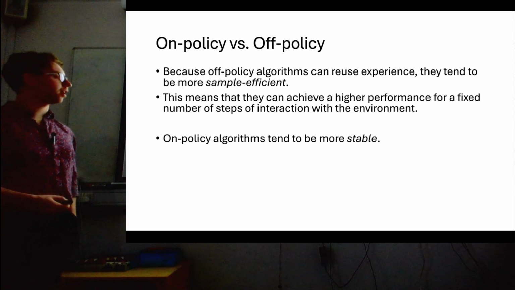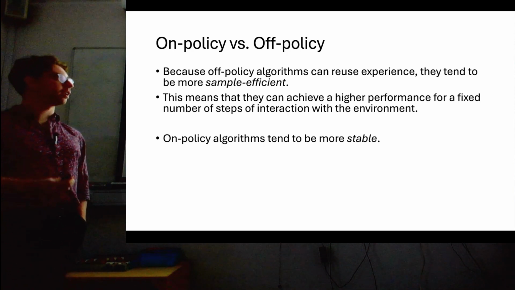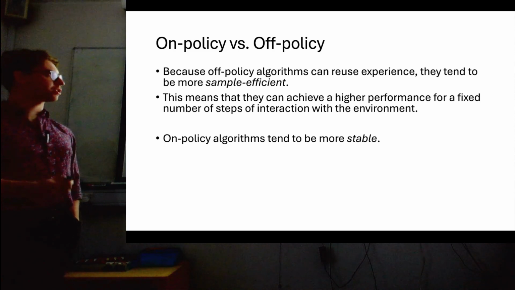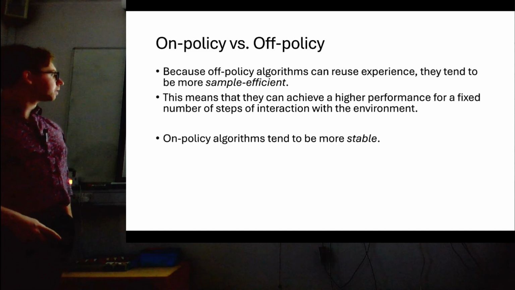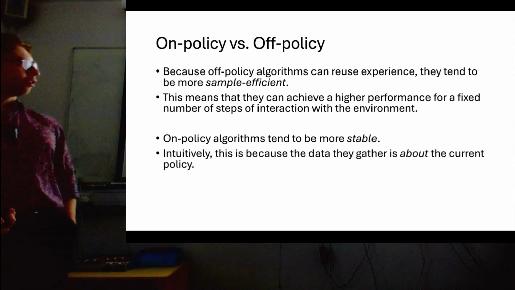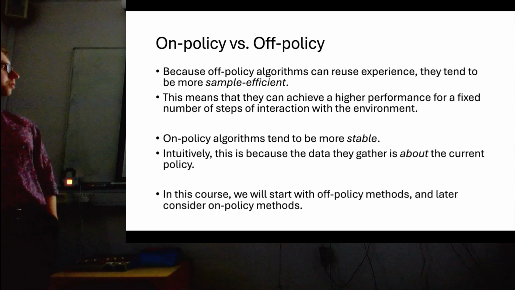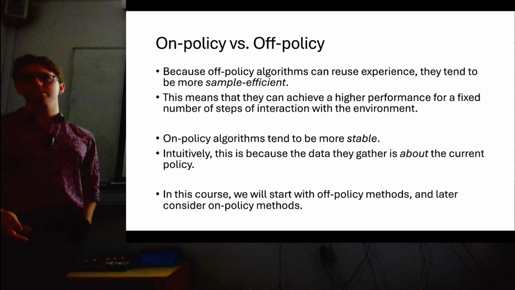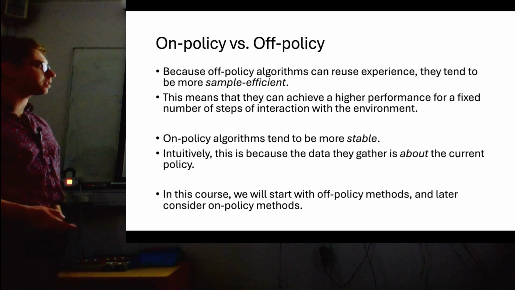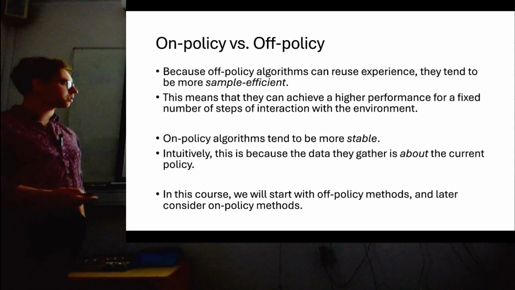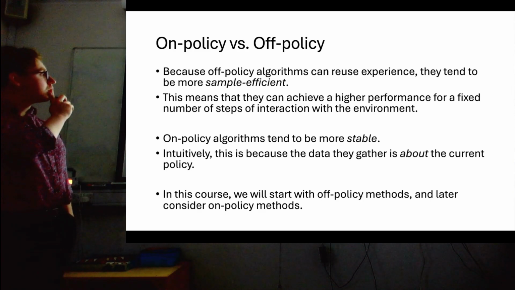So you have a direct correspondence between what you're trying to learn and the information you have to learn from. We're going to start with off-policy methods and move on to on-policy methods later in the course. I think the first 4 lectures are off-policy, and later ones we discuss on-policy methods.